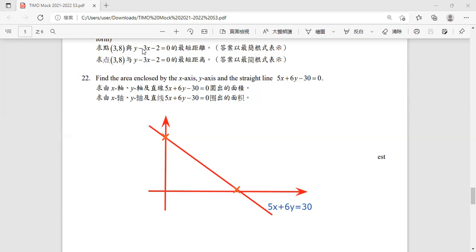But if you're smart enough, you can divide the whole thing by 30: x over 6 plus y over 5 equals 1. So now you know that this is 6 and this is 5. If you are not familiar with this, this is called the intercept form.